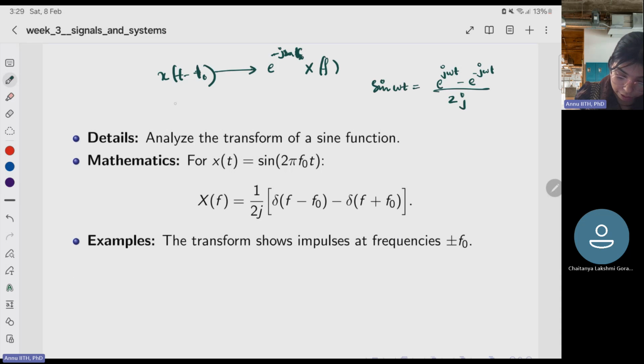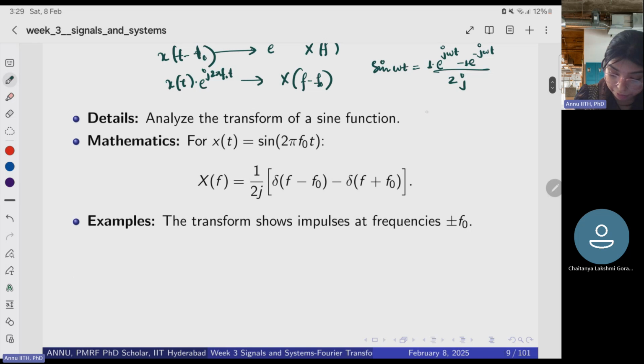Similarly, if we do x of t e power j 2 pi f naught t, then it goes to x of f minus f naught. Isn't it? That is the formula that we were seeing. Since there is no other function here, just a constant, it is 1. So the Fourier transform is 1 upon 2j.